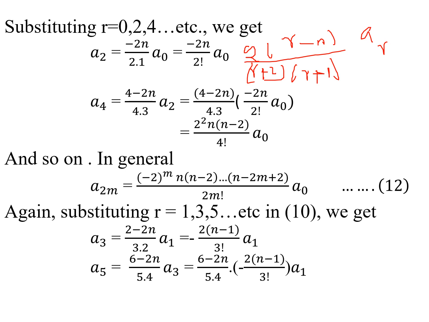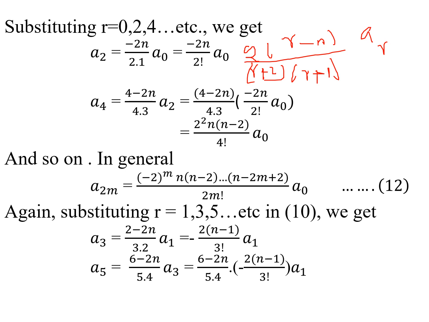Therefore, putting r is equal to 0 means this term is 0. Therefore, minus 2n divided by, r+2 means 2, r+1 means 1, therefore 2 into 1, a(r) here means a naught. Therefore, minus 2n by 2 factorial into a naught.